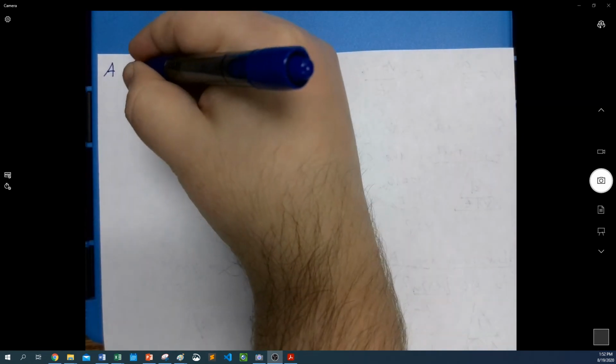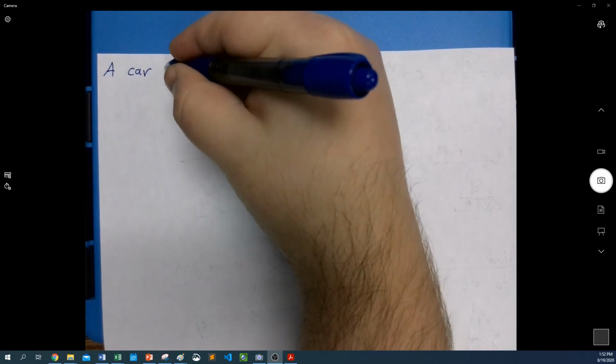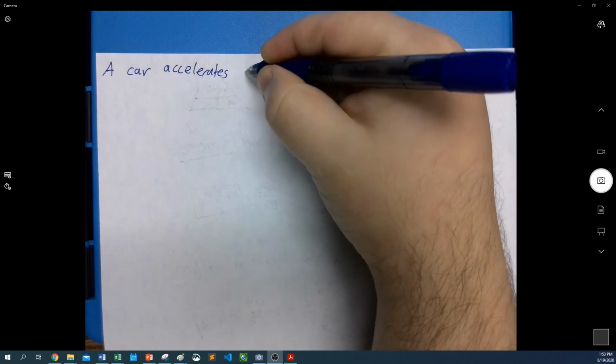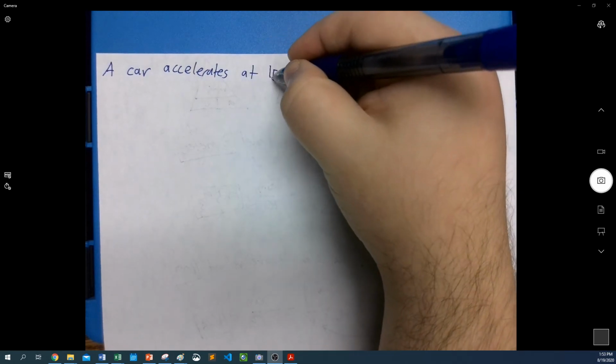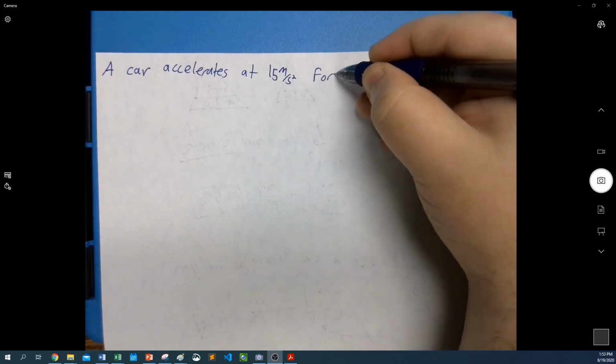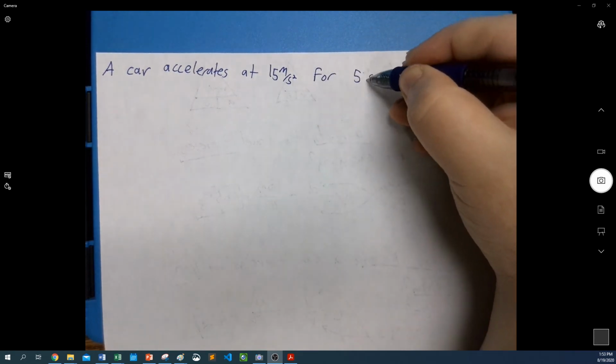So a car accelerates at 15 meters per second squared for 5 seconds.